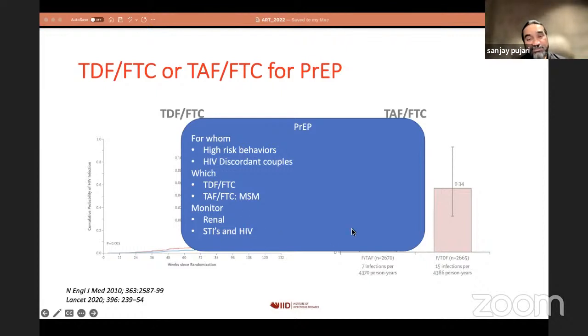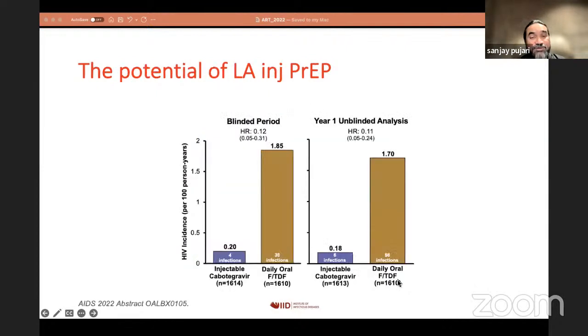Important is also to counsel patients that PrEP should not lead to risk disinhibition. That means they should not get other STIs, because this happens often: patients take PrEP and then are not really worried about using condoms, and this can lead to acquisition of other STIs. So it's important to tell them that.